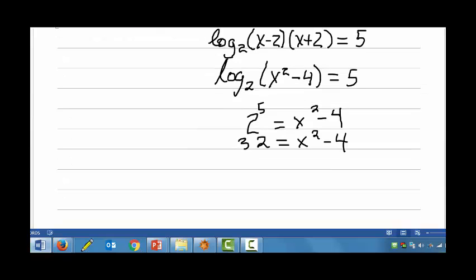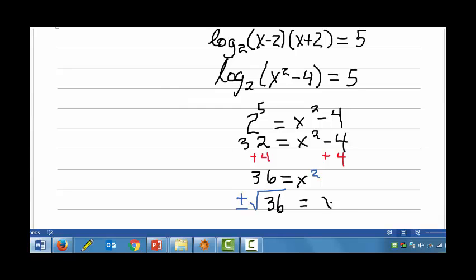So let's add a 4 to both sides. And we have 36 equals x squared. And remember, I can apply the square root property, which says I can lose this exponent of 2 on the x if I apply plus or minus square root to the 36.